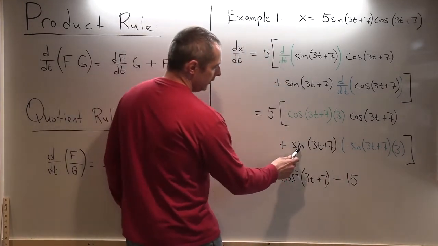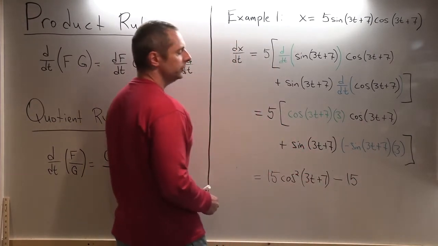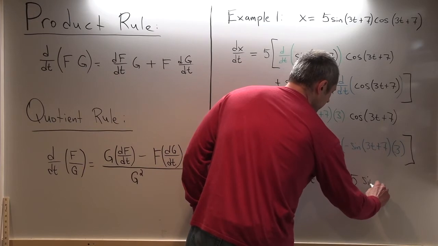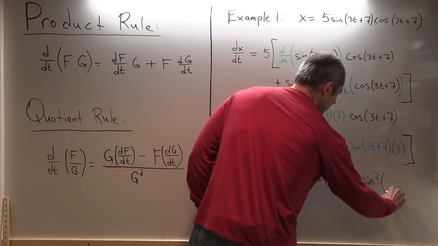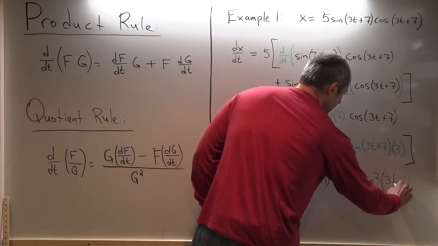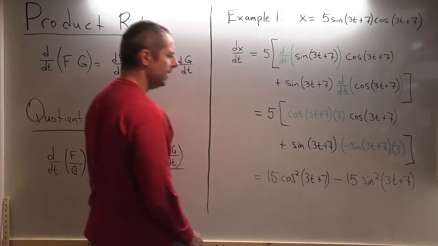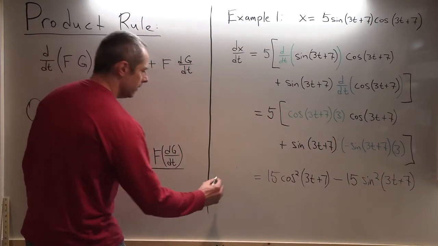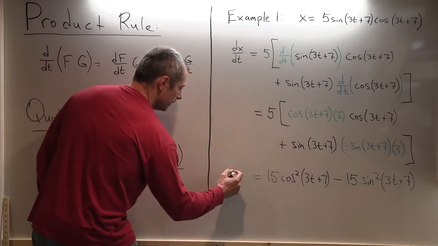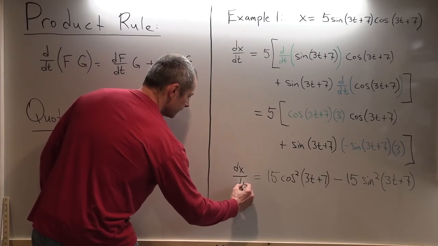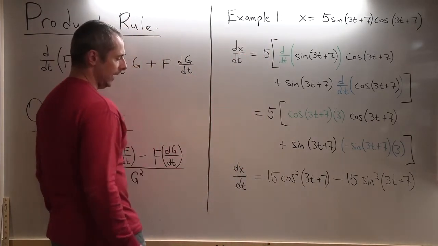And because these are both the same sine function, I could combine them as sine squared. And there is the derivative of our original function x.